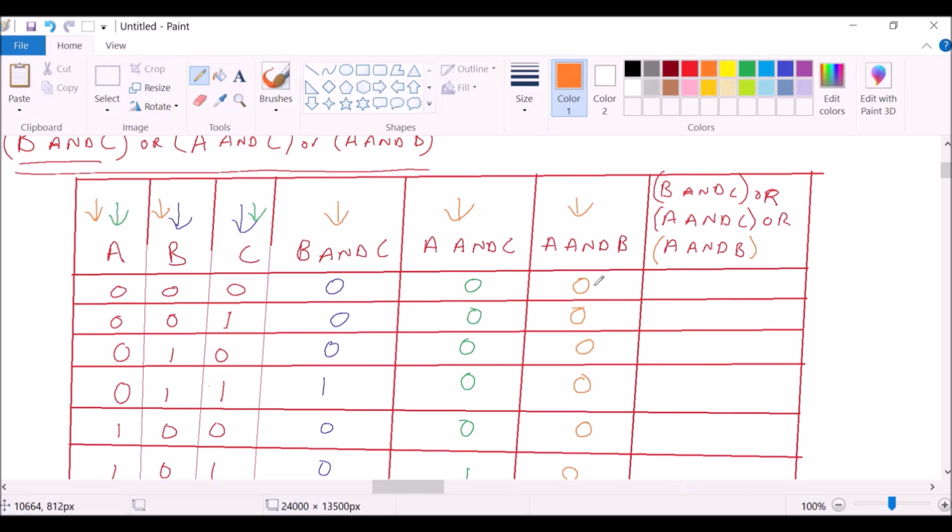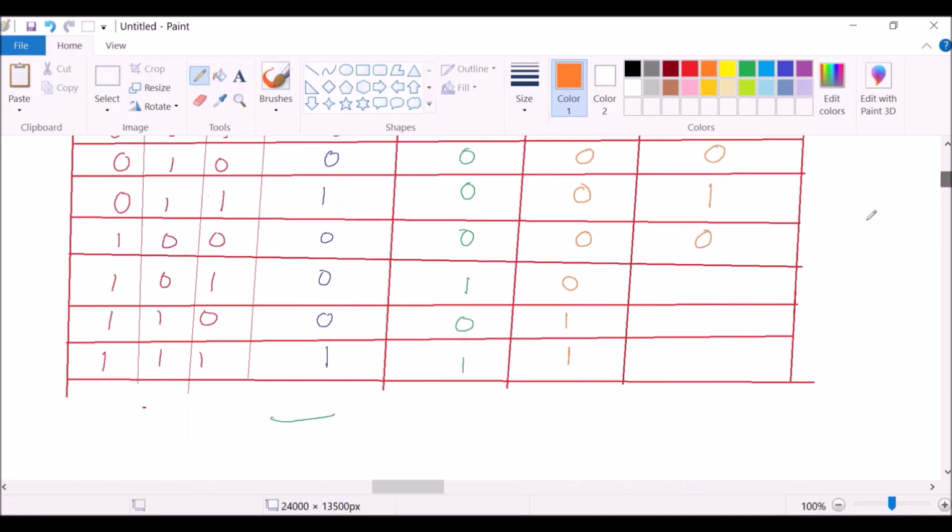So 0 or 0 or 0 will give us a 0. 0 or 0 or 0 will give us a 0. 0 or 0 or 0 will give us a 0. 1 or 0 or 0 will give us a 1. 0 or 0 or 0 will give us a 0. 0 or 1 or 0 will give us a 1. 0 or 0 or 1 will give us a 1. 1 or 1 or 1 will give us a 1.